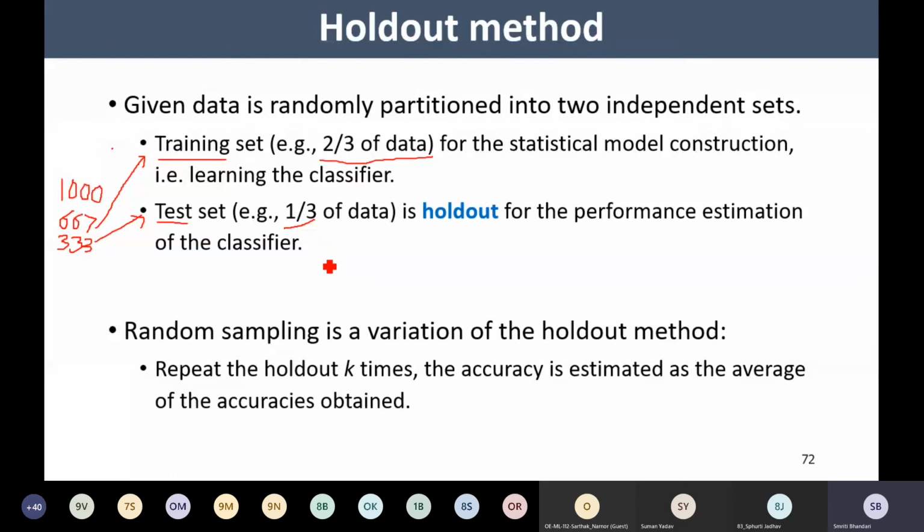Once again, with this set of training data and test data, I repeat my experiment a second time. So this is how I may repeat the holdout k times, and ultimately I find the average of the accuracies I have got out of these k experiments, and then I report the final outcome of my model, right?